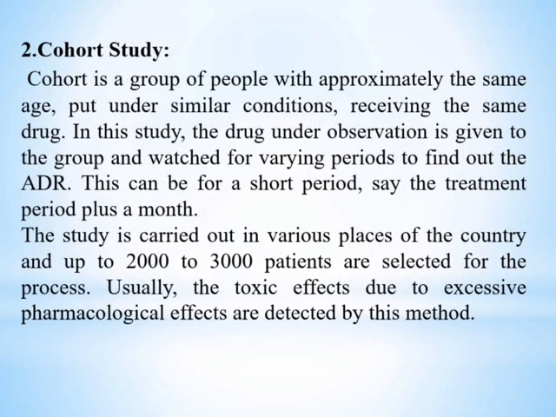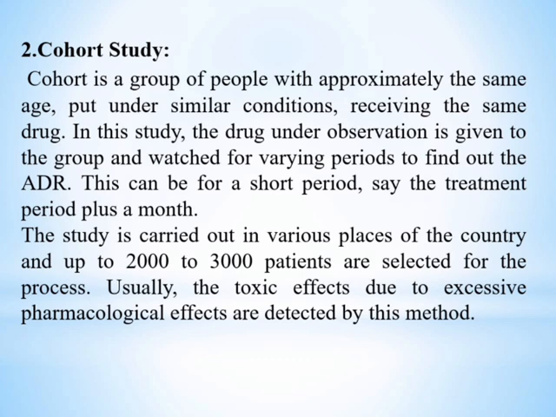Second, cohort study. A cohort is a group of people of approximately the same age, put under similar conditions, receiving the same drug in the study. The drug under observation is given to the group and watched for varying periods to find out the ADR.